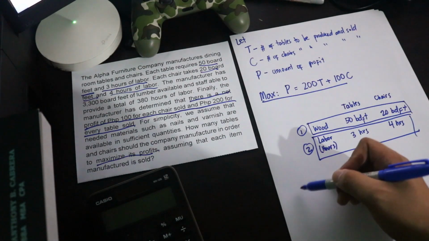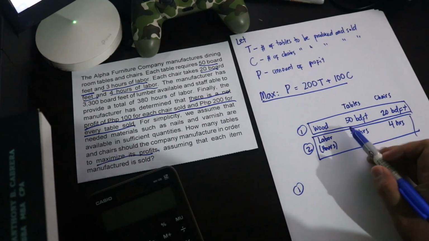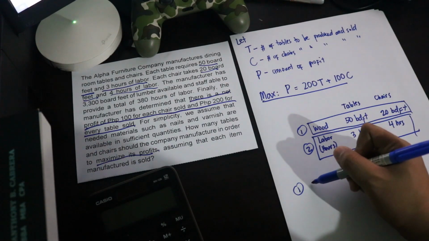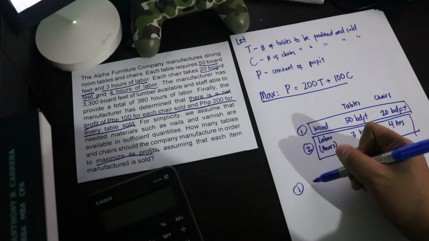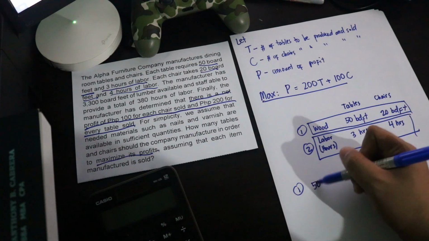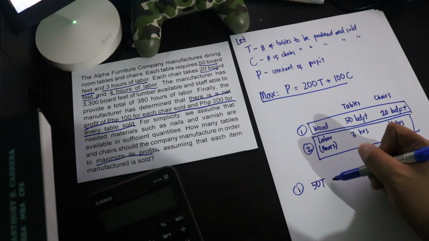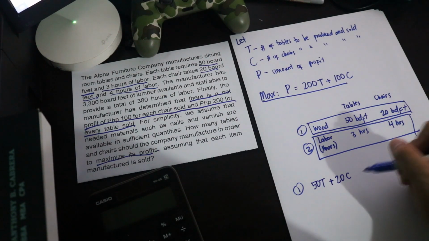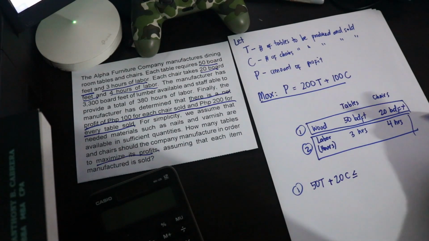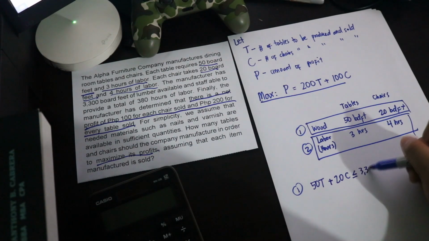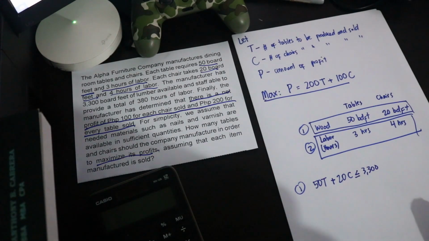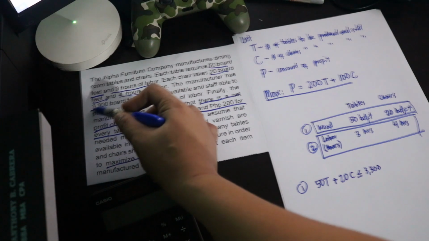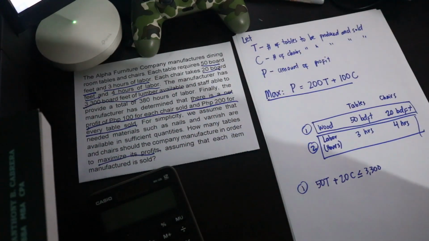For the first constraint, we would be representing it by writing this formula here: 50T plus 20C is less than or equal to 3,300. According to this problem, there are only 3,300 board feet of lumber available.